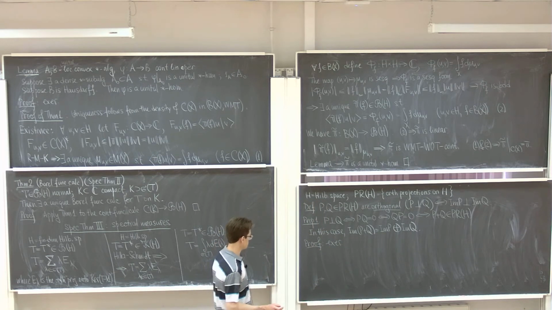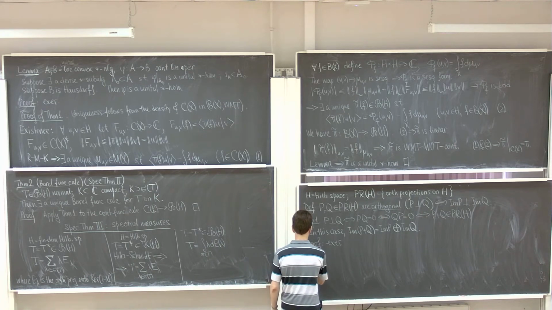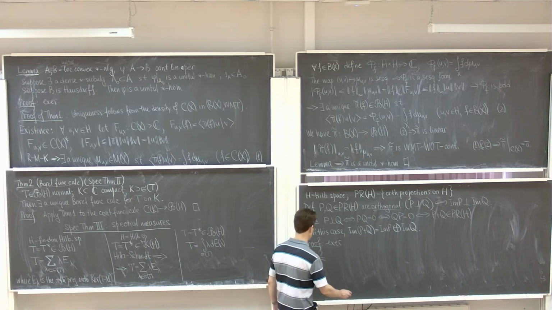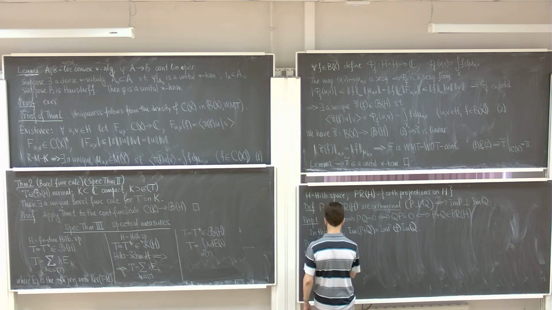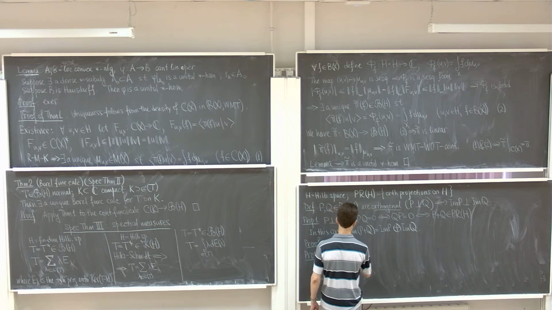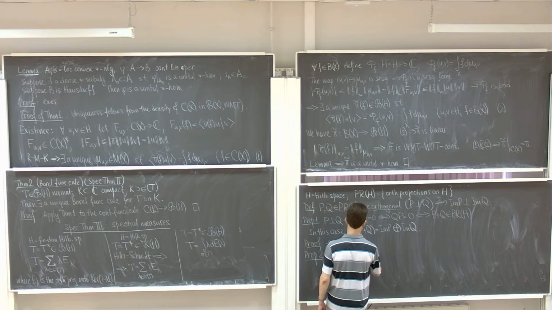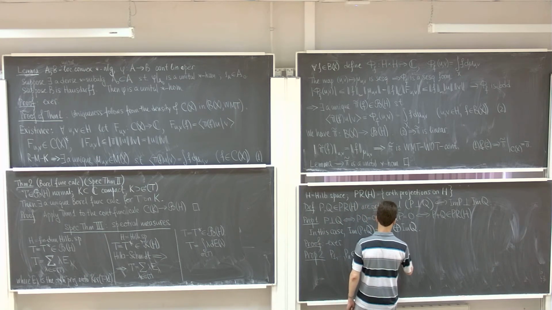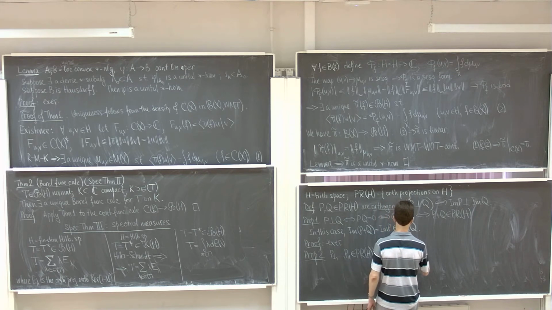And proposition 2, which is also elementary. Suppose that P1 to Pn are non-zero orthogonal projections on H, and suppose that lambda 1 to lambda n are complex numbers.